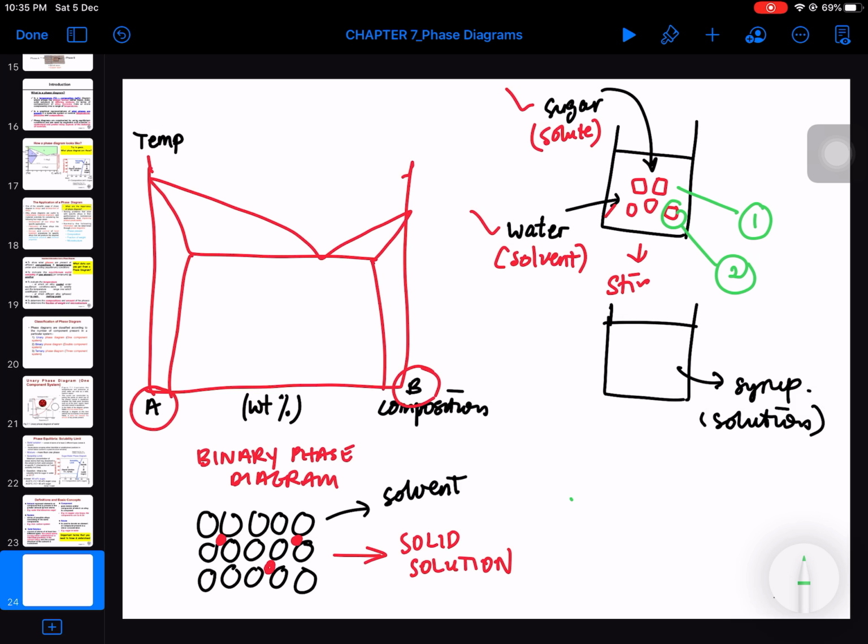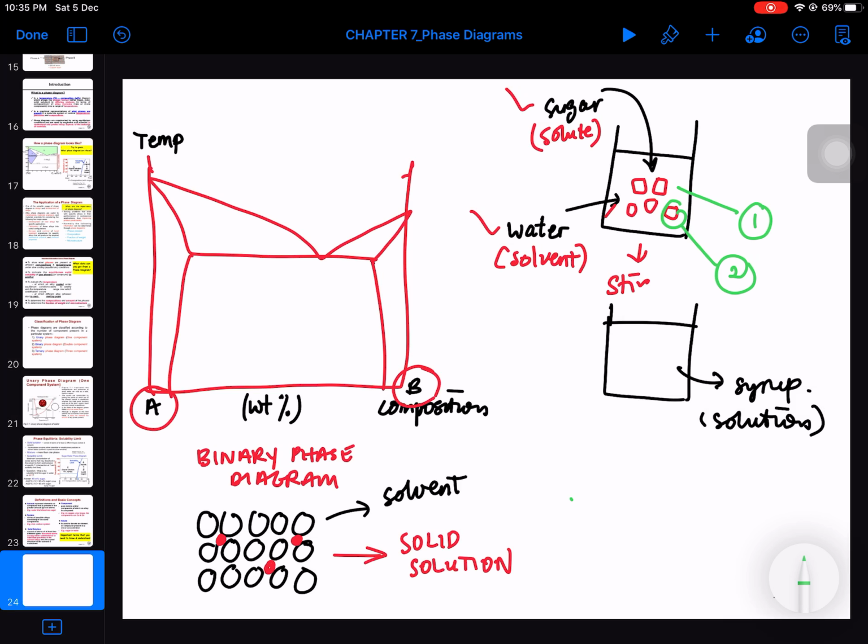A phase is a homogeneous portion of a system that has uniform physical and chemical characteristics. If more than one phase is present in a system, it is not necessary that there be a difference in both physical and chemical properties. A difference in one is sufficient.